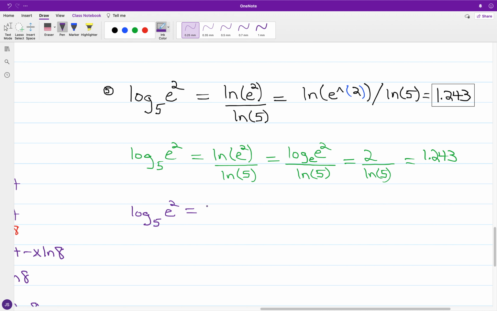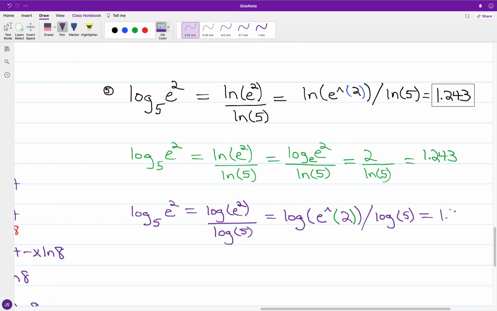If I have the base 10 logarithm of e squared over the base 10 logarithm of 5, so I got a base 10 logarithm of e to the second, all over the base 10 logarithm of 5, you're still going to have the same reduction. So you have 1.243.